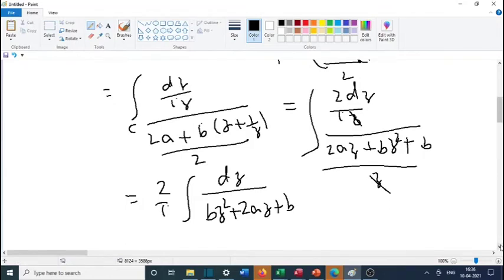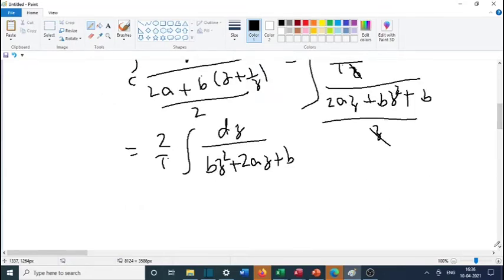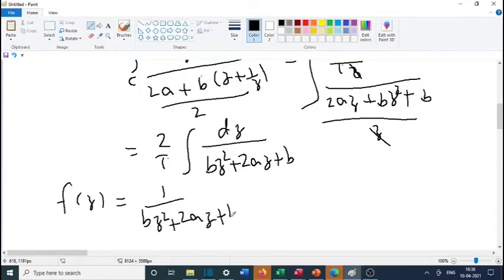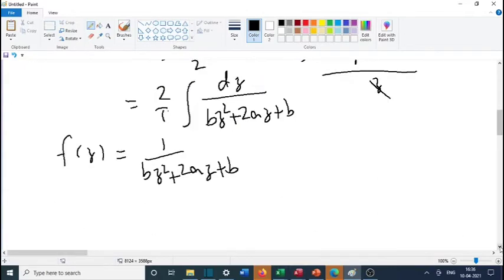Now, same as the previous problem, take f(z) equal to 1 by bz square plus 2az plus b. So we have to find the roots: bz square plus 2az plus b equal to 0.